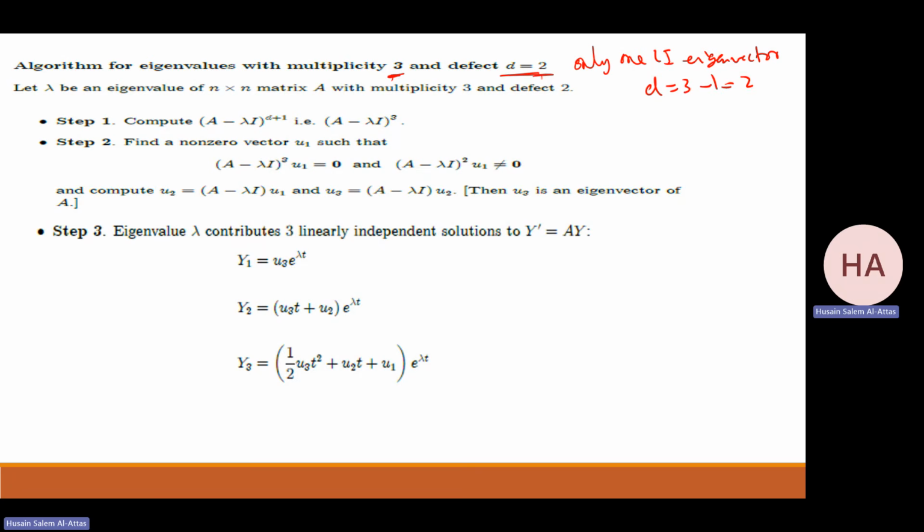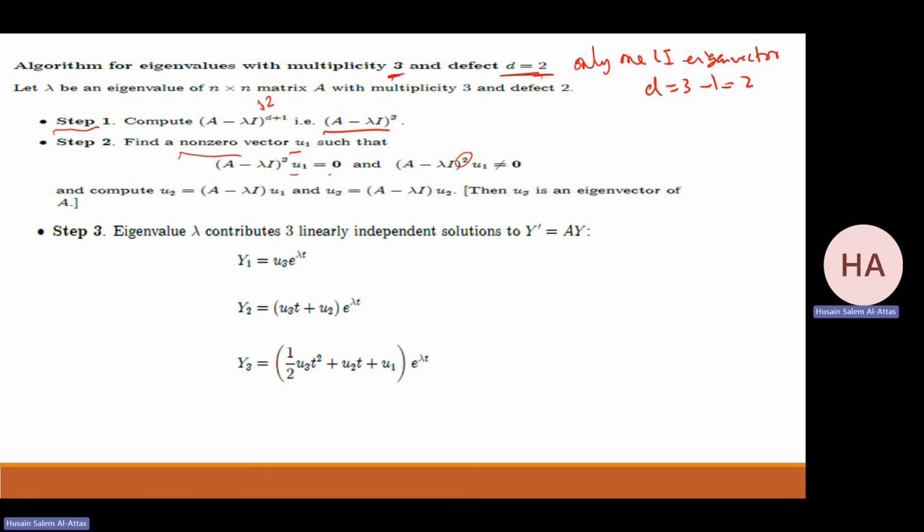What is the algorithm? This is step 1, the same thing. I'll find A minus lambda I, my D is 2 in this case, which means I'll find A minus lambda I all cubed. Then I'll find a nonzero vector U1 so that (A minus lambda I) cubed times U1 is 0, but the one before it, (A minus lambda I) squared times U1, is not equal to 0.